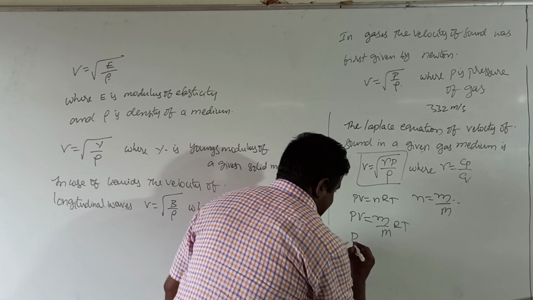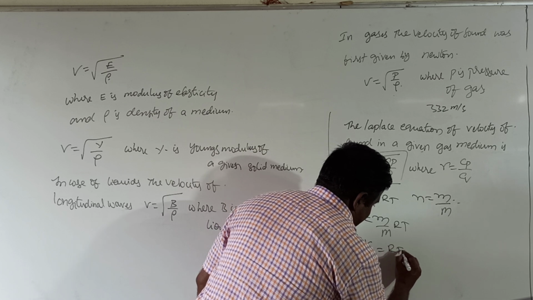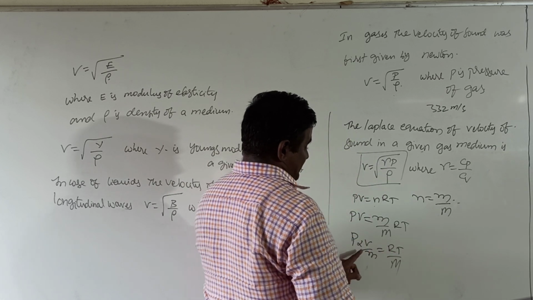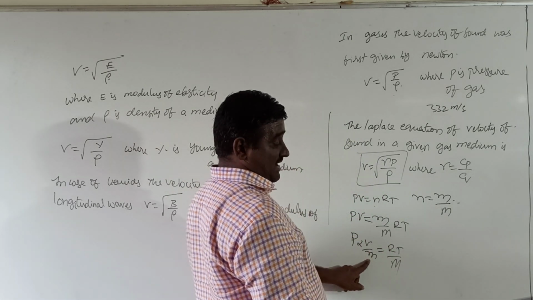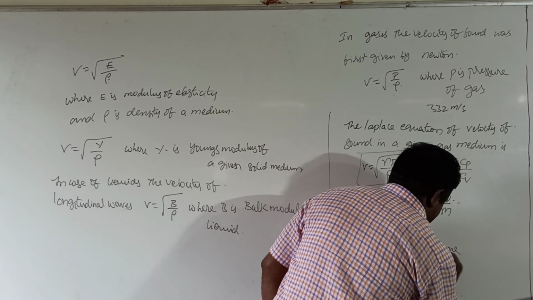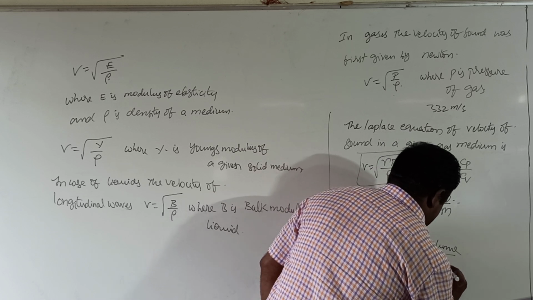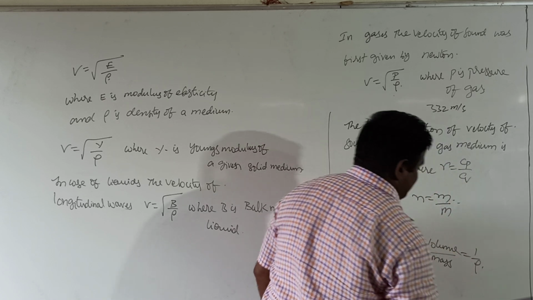It is taken as P into V by m equal to RT by M. Volume by mass of the gas is equal to 1 by rho.